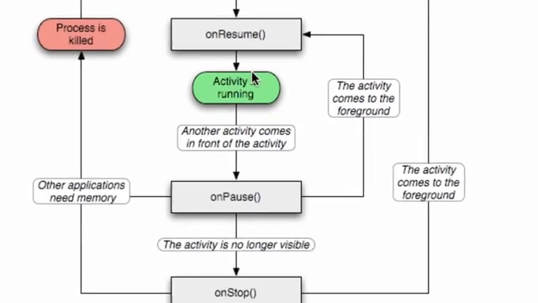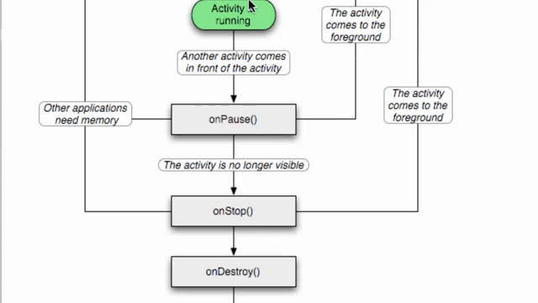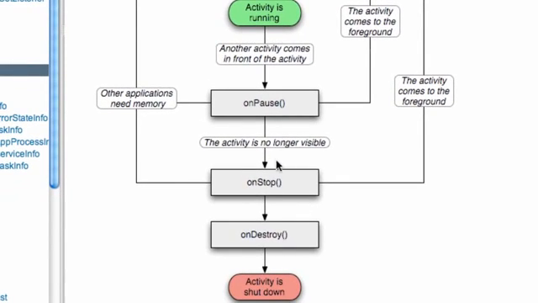Now, if our activity is running and we get a text message, or for example, if our splash activity starts a new activity, the splash activity is going to go through an onPause and, when it's no longer visible, call an onStop method. So basically the most important one is the onPause. But if our activity gets shut down, it's going to call the onPause, onStop, and onDestroy.